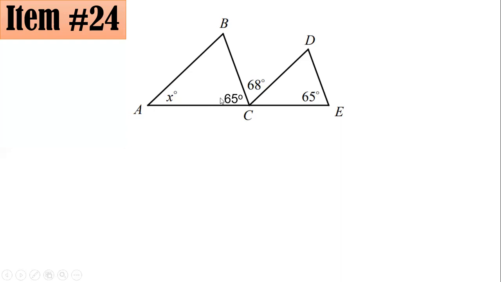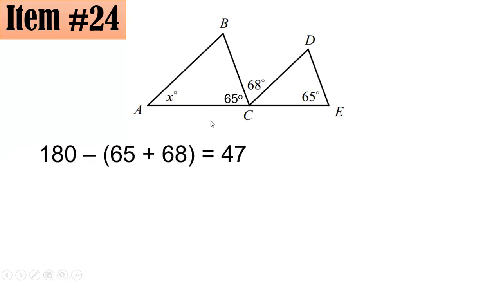And aside from that, remember this angle here, if you add 65, 68, and this angle DCE, they're forming a 180-degree angle, because this is like a semicircle here. And with that, subtracting 65 plus 68, the sum of these two angles, from 180, you actually get a value of 47 degrees. So therefore, this angle DCE is in fact 47.